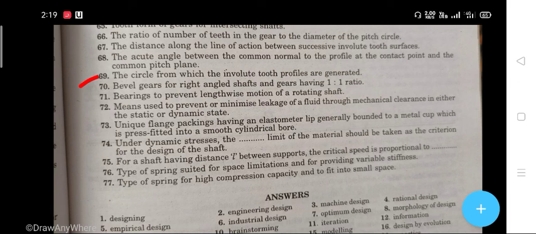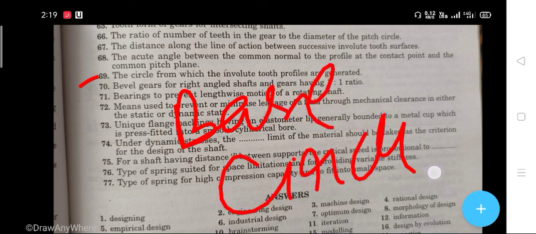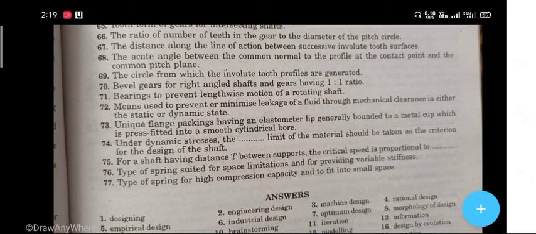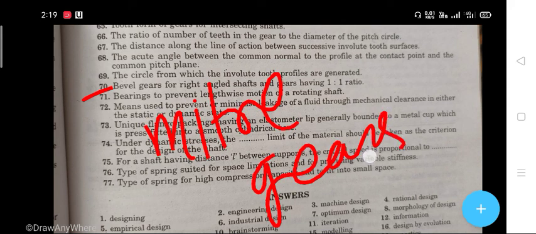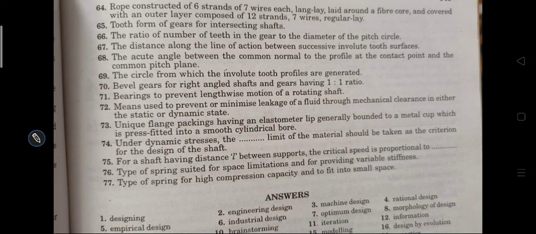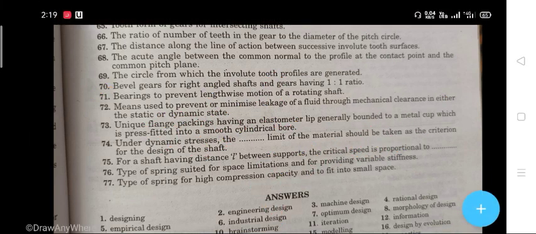The right answer is base circle. Question number 70: bevel gears for right angle shafts and gears having a 1:1 ratio. The right answer is miter gears.